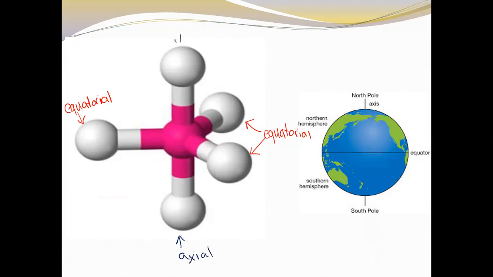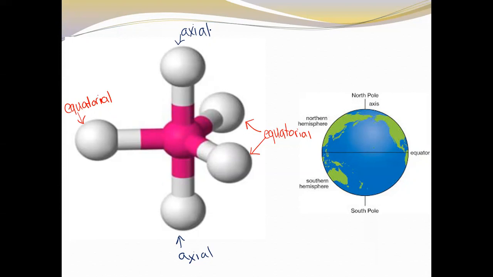And then this would also be an axial atom as well. So that's just some terminology that sometimes they might refer to in a molecule. The hydrogen that's in the equatorial position, or the chlorine in an equatorial position, or something like that.